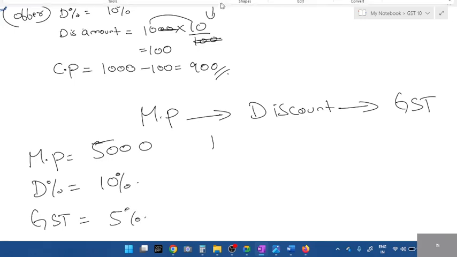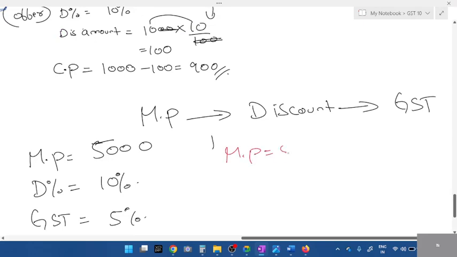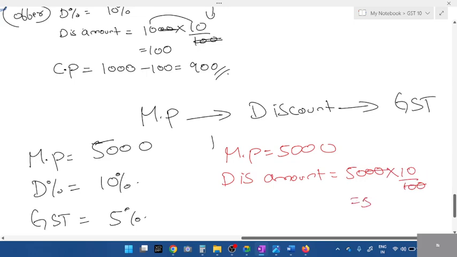So how will you solve this? First thing, take the mark price 5000. Discount is given, find the discount amount. Discount amount is how much, students? 5000 into 10%. How much is 5000 into 10 over 100? 500. What did I tell you? We need to subtract or add?